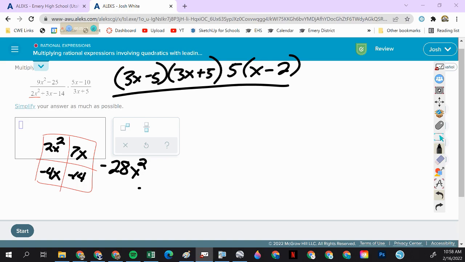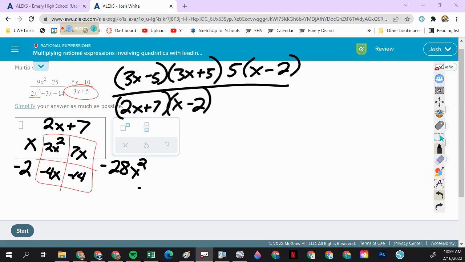What does the top row share? x. If I pull out an x, I'm left with 2x plus 7. In the left column, if I pull out a 2x, I'm left with negative 2. The denominator has factors of 2x plus 7 and x minus 2. And then that does not factor, so we just leave it.